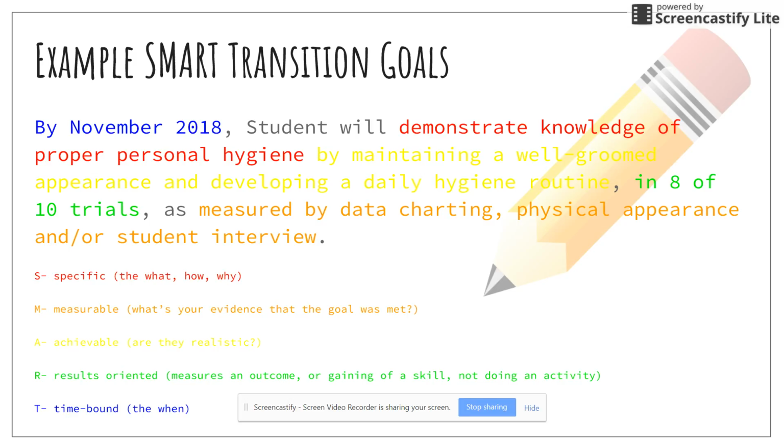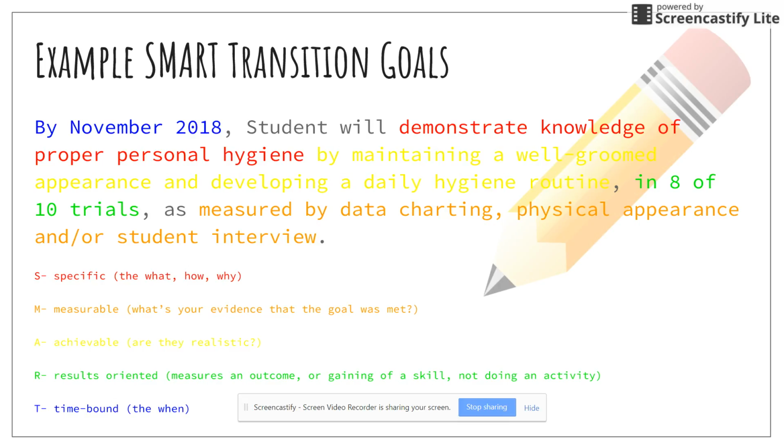As you can see, the red words indicate the specific part of the SMART goal. Demonstrate knowledge of proper personal hygiene is specific. It tells you what exactly the student will be doing. Measurable, as indicated by orange, is the part where it says measured by data charting, physical appearance, and/or student interview.